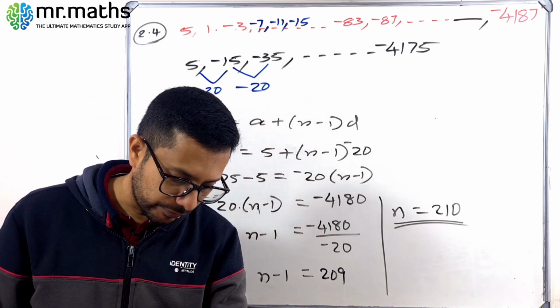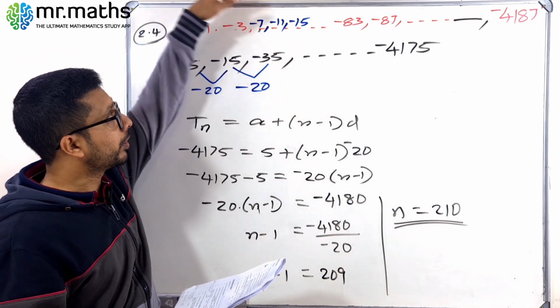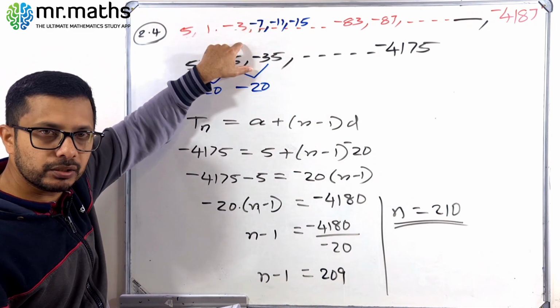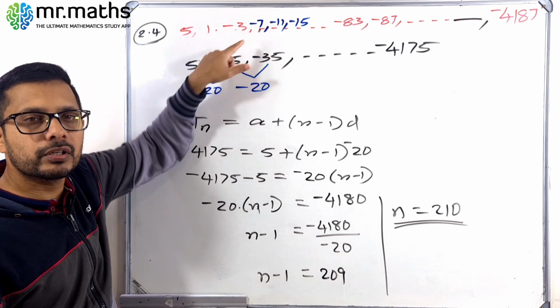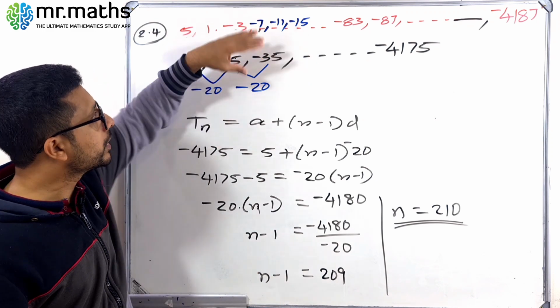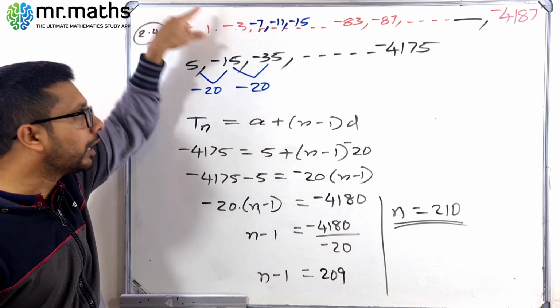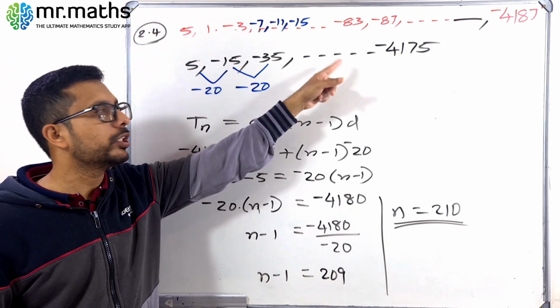Okay, so what we did there, guys, in that question: first, from the given sequence we found the numbers that are divisible by 5. Then in that new sequence we tried to find how many terms are there, because all the numbers divisible by 5 in the given sequence are here.